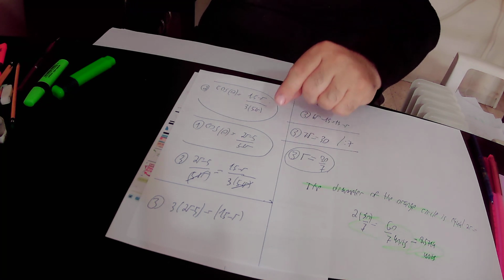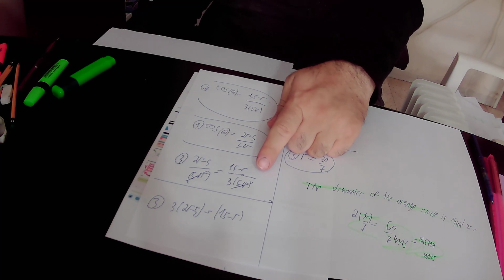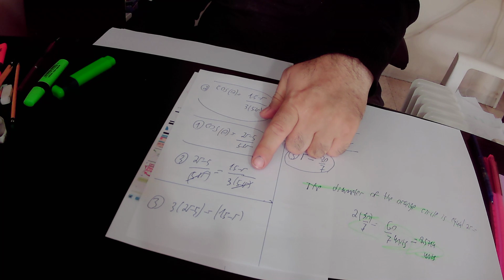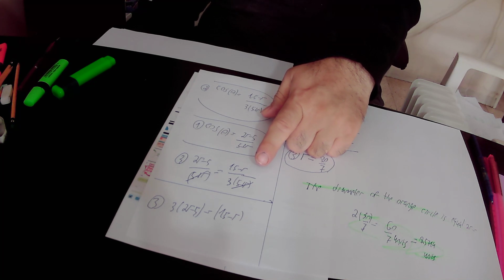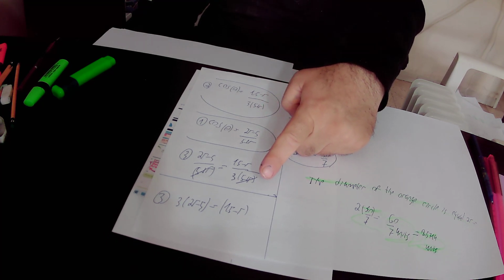Okay, then we multiplied equation number 3 by 5 plus r, so 5 plus r will get cancelled in the denominator, and we are left only with 2r minus 5 equals 15 minus r over 3. We multiplied equation number 3 by 3, and we got that 3 times 2r minus 5 equals 15 minus r.